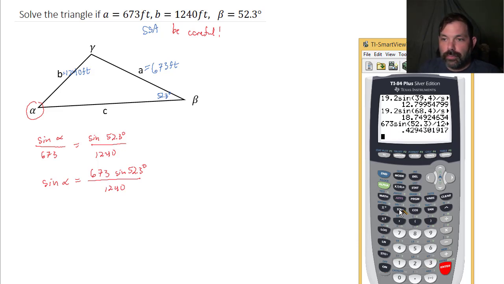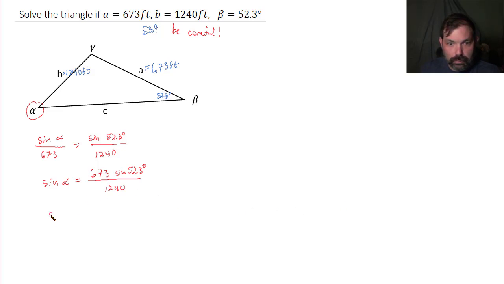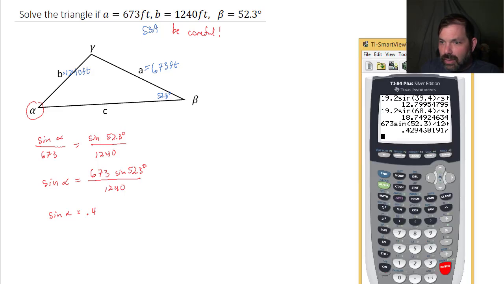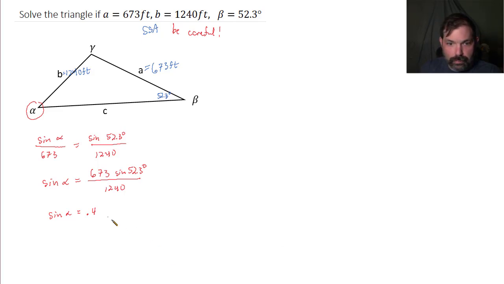So that's 0.42943, etc. So sine alpha is 0.42943. Don't approximate that too much.